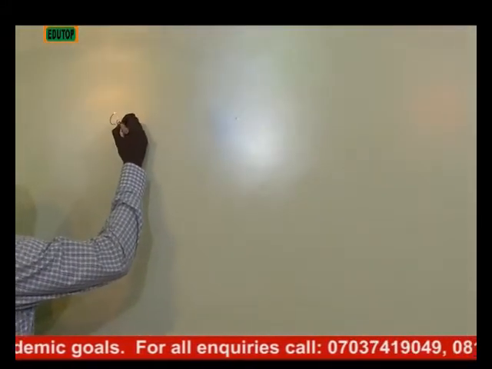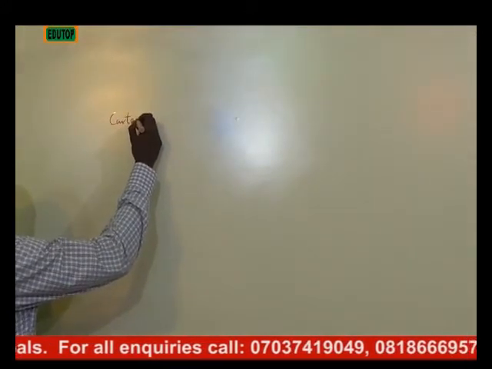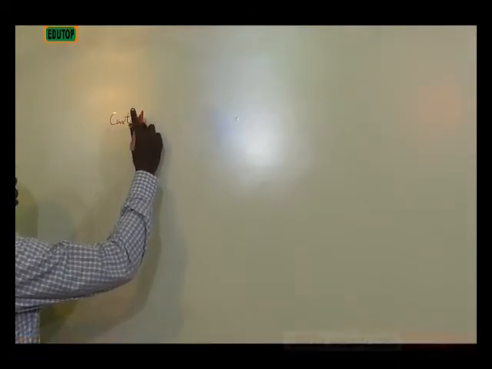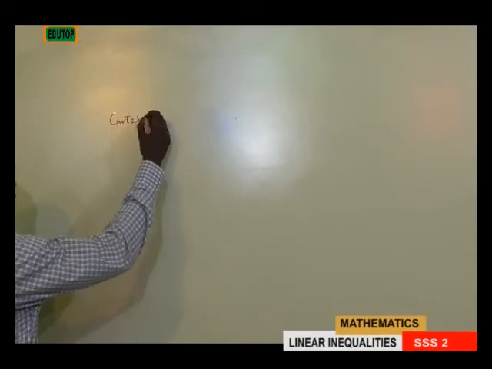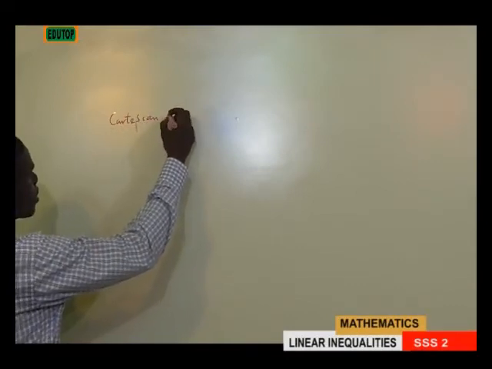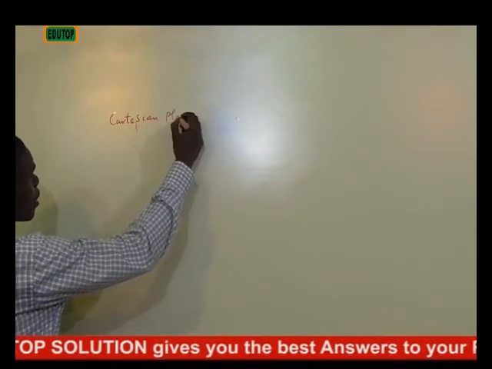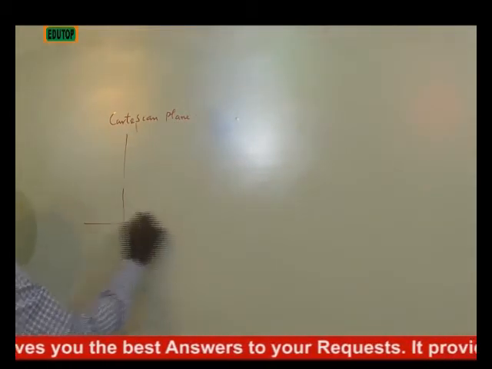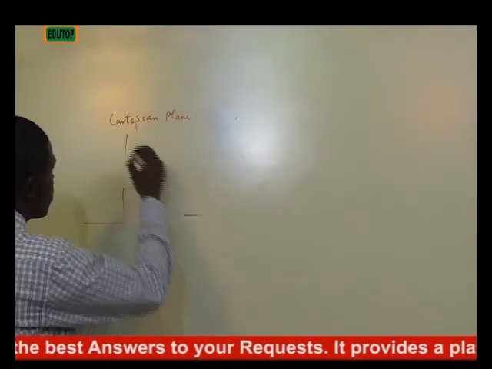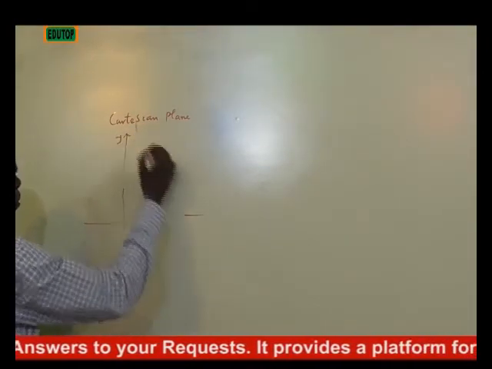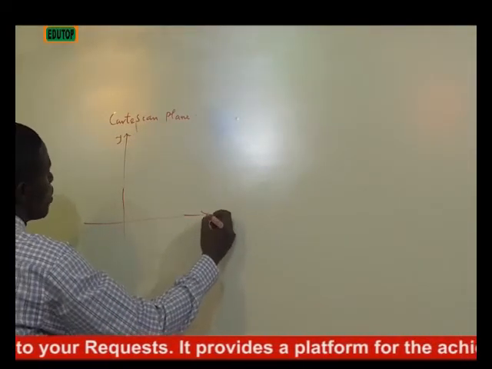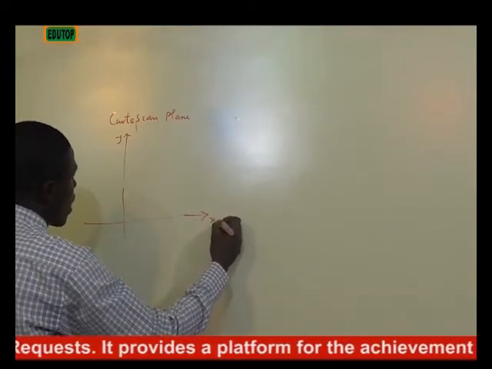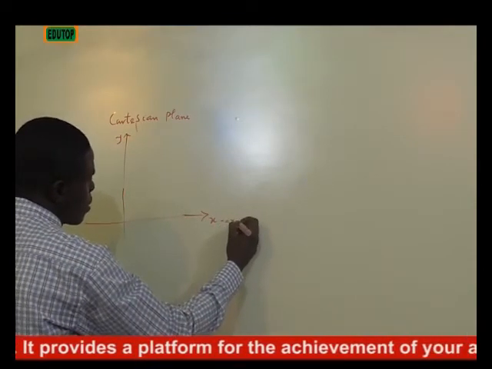You have a Cartesian plane. Here we have the vertical axis, which is our y-axis, and the horizontal axis, which is our x-axis.